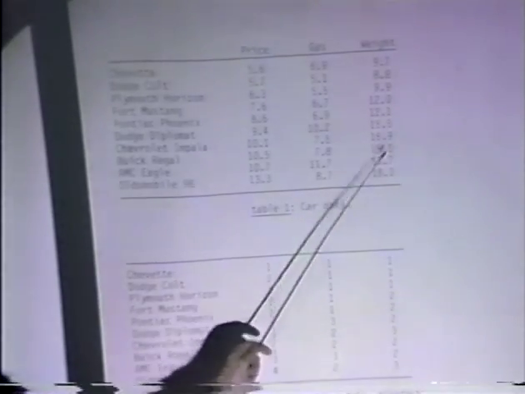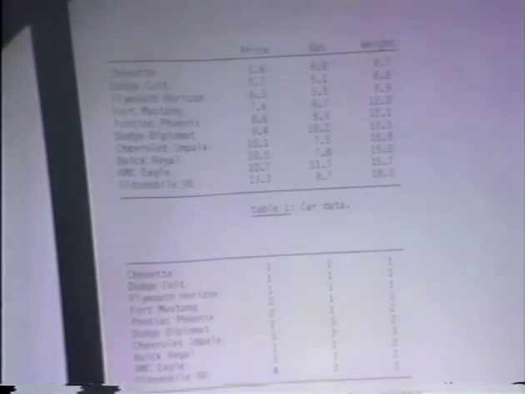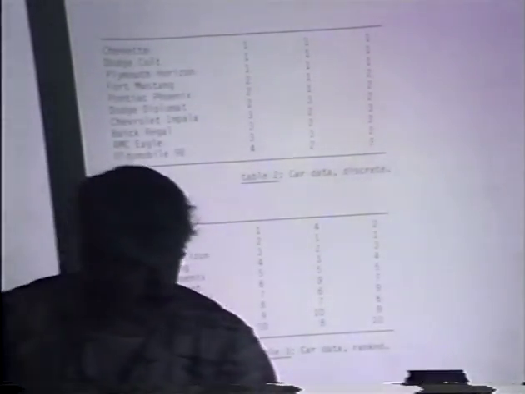This is gas consumption, this is the weight. I've categorized these data. I don't know which rule I used, but I know that this is the product of this categorization process. And I've also ranked them, but for this particular illustration, that is not very relevant.